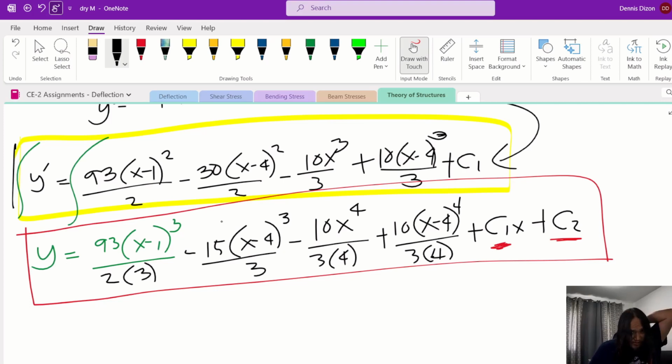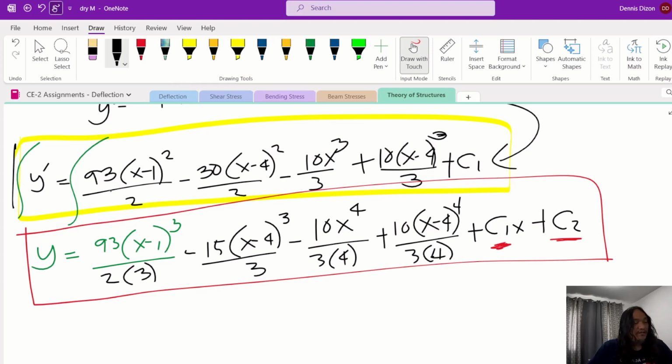But before, my calculator when I was still at the university was a Casio FX 350, because that was the cheapest scientific calculator at that time. I even bought that from a pawn shop. So 93 x minus 1.